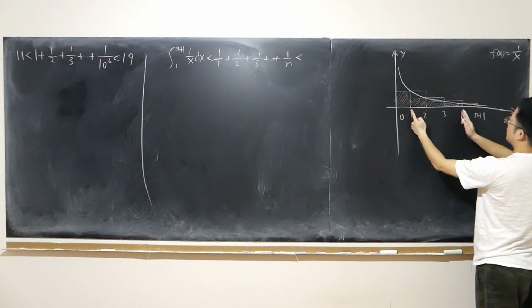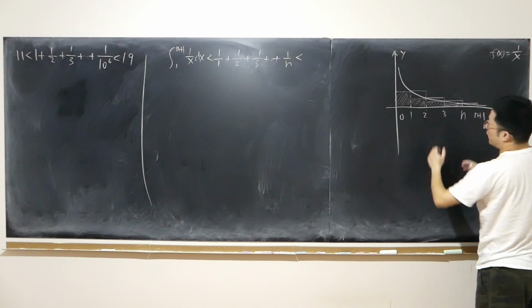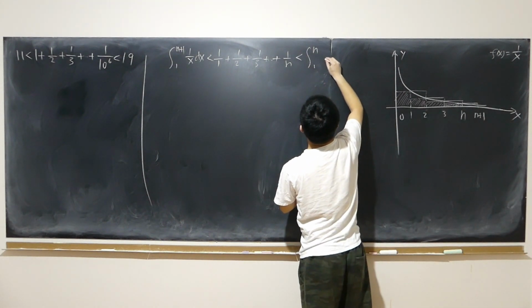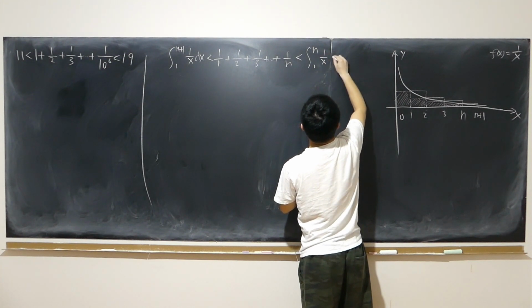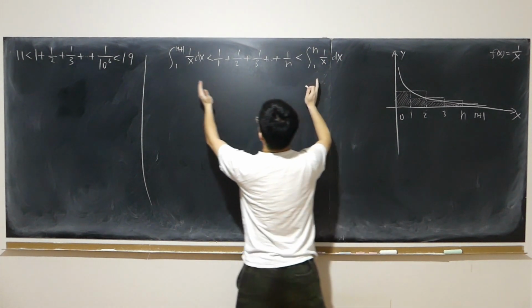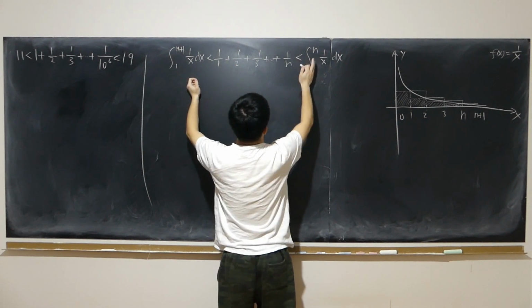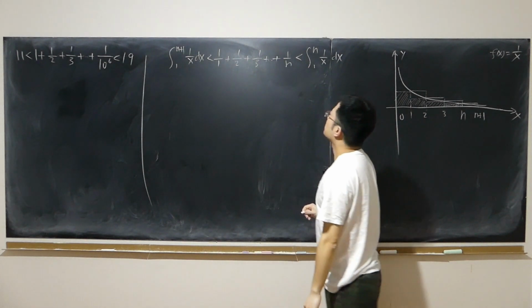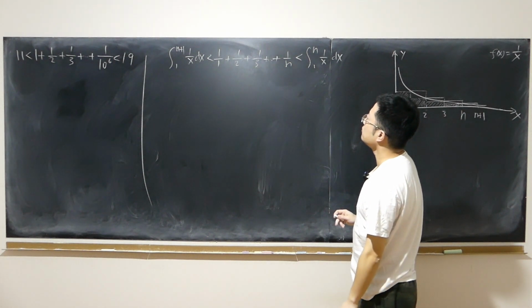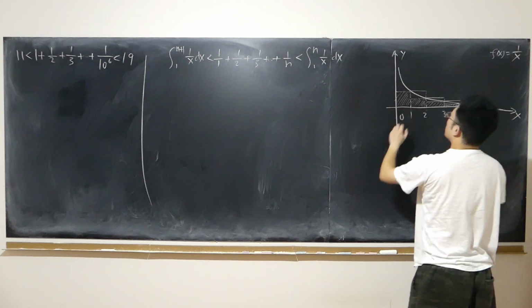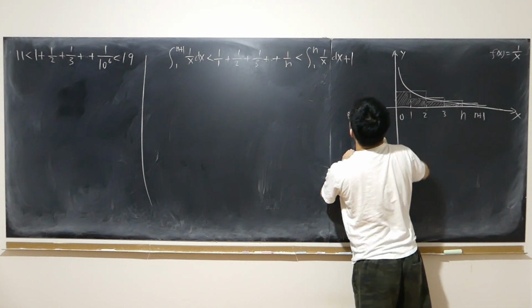So from this point up to this point under the curve, from 1 to n, the definite integral of f of x dx. The only difference is that here it's up to n plus 1, there it's up to n. And of course, then plus 1.